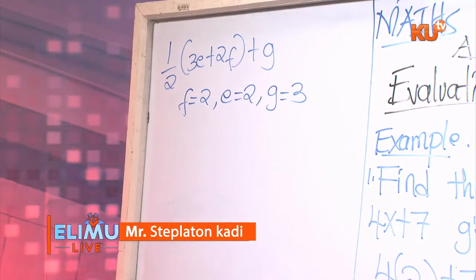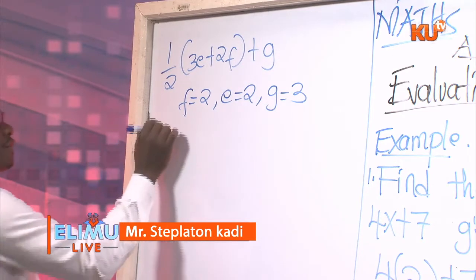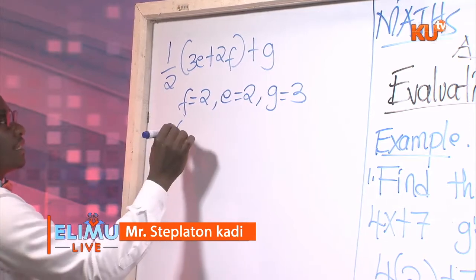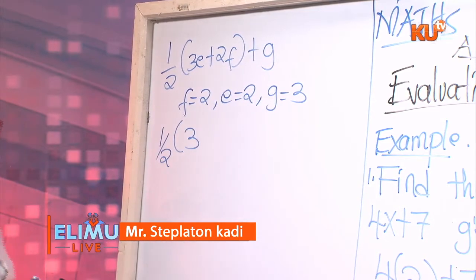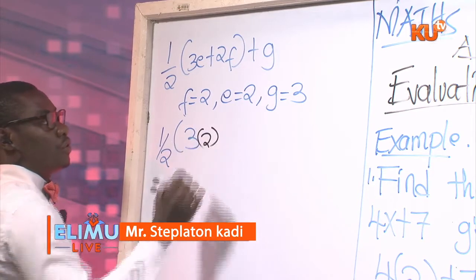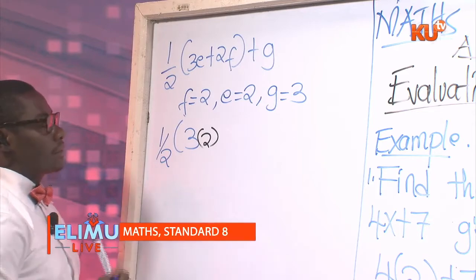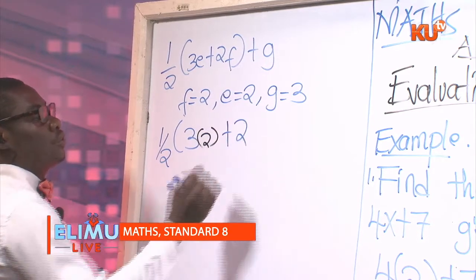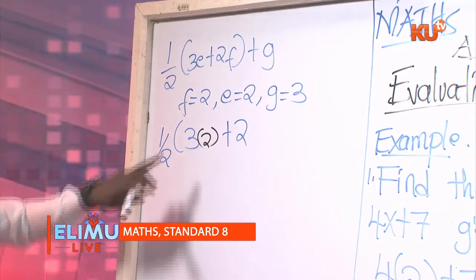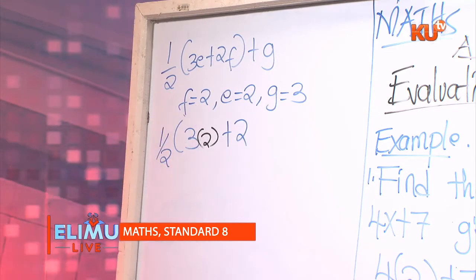So we replace the values that you have. So a half into brackets 3, the value of e is 2. So 3 times 2, so we put it in small brackets like that, plus 2, the value of f is 2, so we multiply by 2.